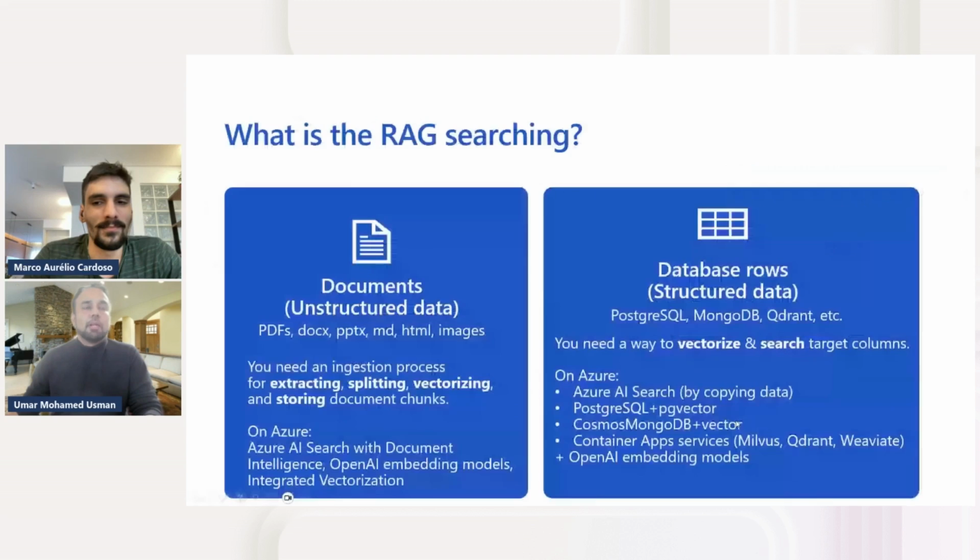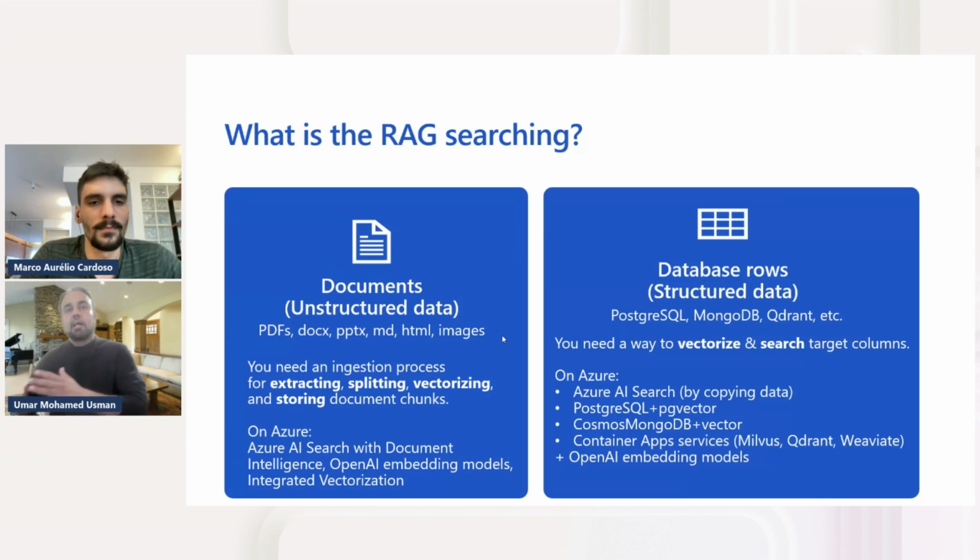So, okay, what is RAG searching? When it comes to RAG, there are two common patterns we see. One is searching unstructured data. This is where you bring in your PDF files, Excel files, Word documents, PowerPoint, GitHub Markdown files, HTML files, and all of that.